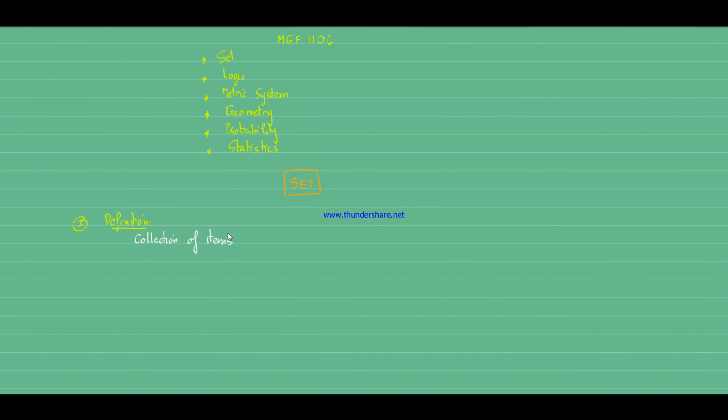And all the items here we call elements. So a set is a collection of items, and each item is called an element.